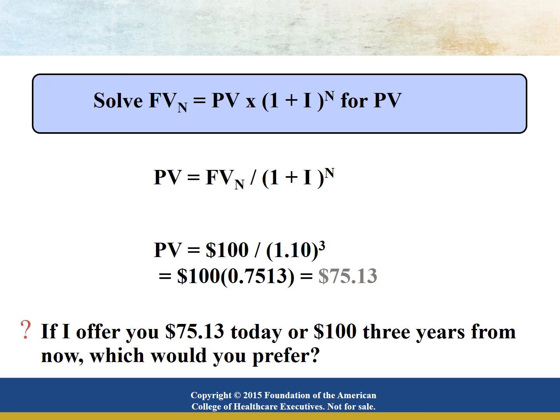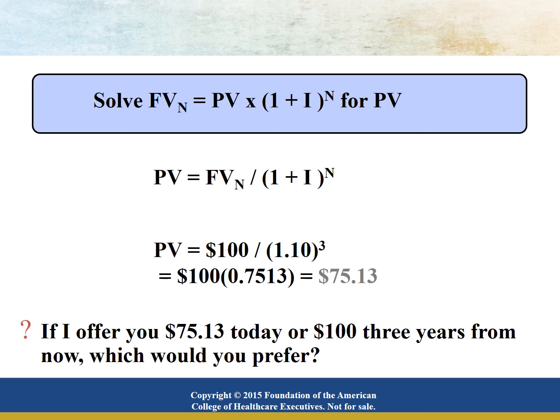So if we solve, the future value equals present value times 1 plus interest to the power of years. Let's do a little algebraic equation here, and if we want to find out what the present value is using this formula, then we actually divide, right? You divide this side by this, and you divide this side, so now we've isolated our present value.